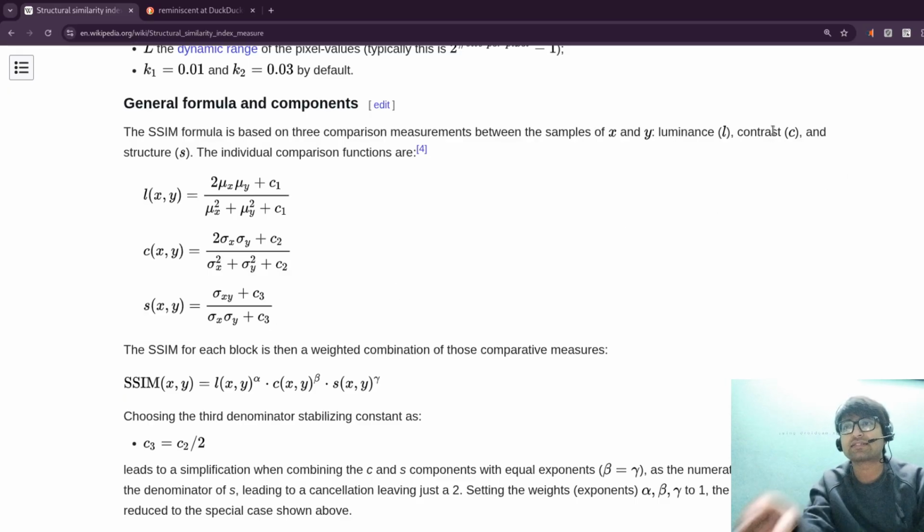C(x,y) means the contrast component, which is given by 2 sigma x sigma y plus c2 divided by sigma x square plus sigma y square plus c2. Sigma x is the standard deviation.